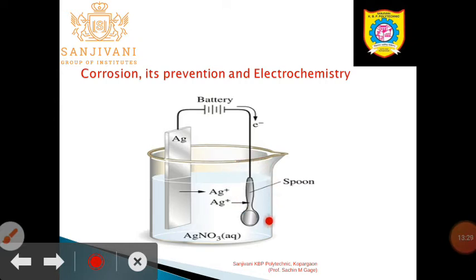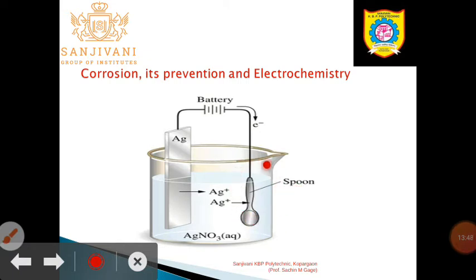This is the article which we want to protect from rusting and corrosion. This article is made from steel or iron, called an iron spoon or steel spoon. This is the example of silver plating on the iron spoon.